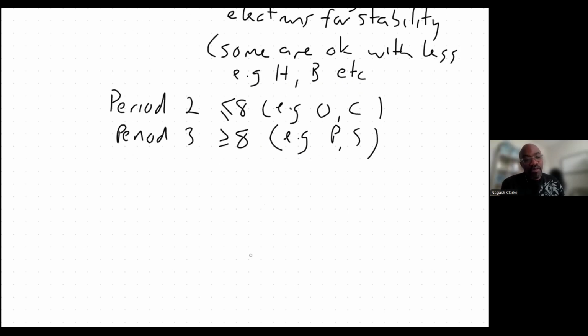So when we're looking at Lewis structures, we have to talk about electronegativity.